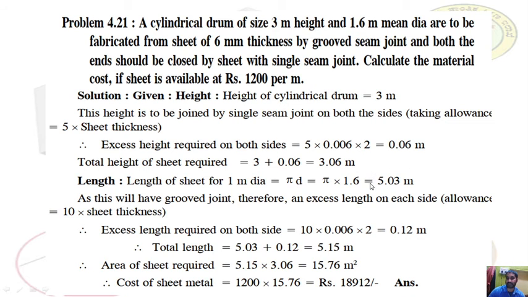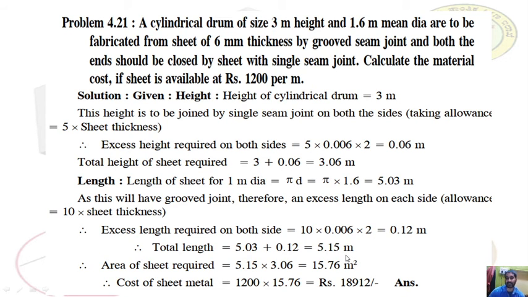So excess sheet metal is required for making grooved joints. That is 10 times the thickness of the sheet into 2, both sides. So 10 into thickness of the sheet into 2 times is 0.12 meter excess sheet required for making groove for joining purpose. So 5.03 plus 0.12, 5.15 meter of material is required lengthwise.